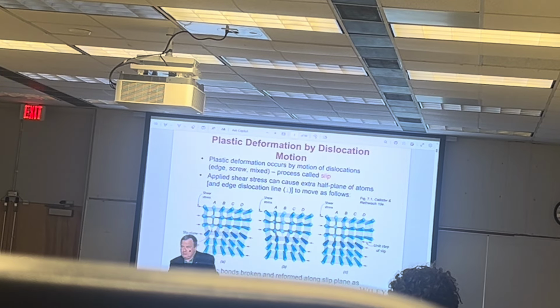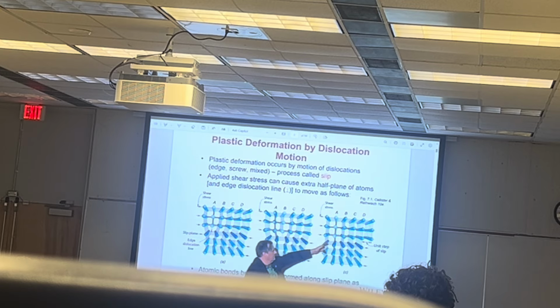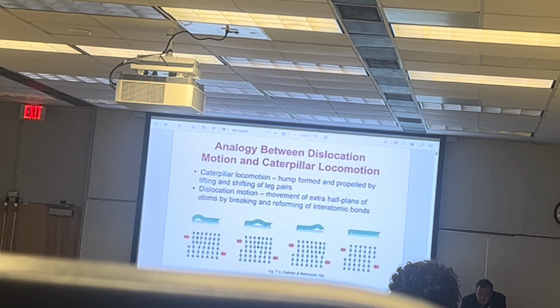And it happens due to shear. We apply shear, and as a result, this dislocation moves. And you can see that eventually it can come up at the surface. And there are different analogies, caterpillar movement or moving a carpet.